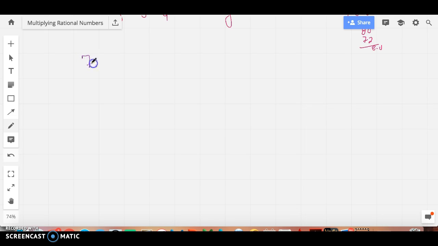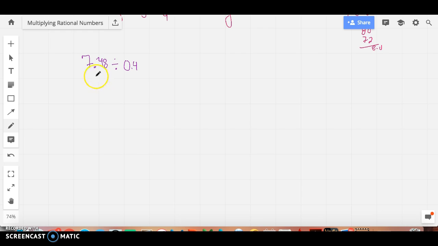So this is 7 and 48 hundredths divided by 0 and 4 tenths. I could change this to a fraction and do my division fraction-wise and copy times flip, but I'm going to use decimals because it's nice to be able to use decimals.